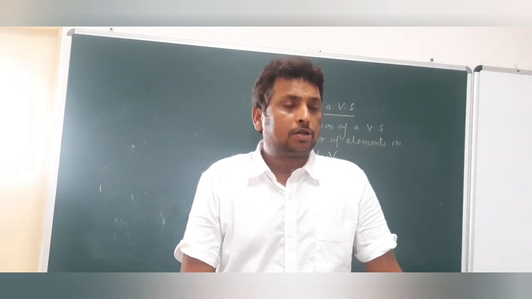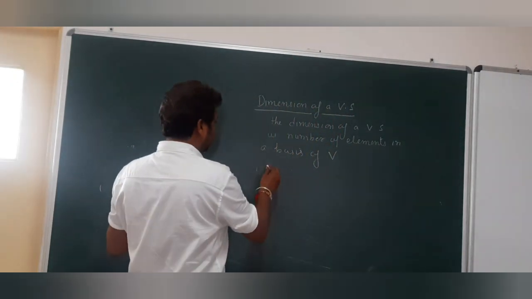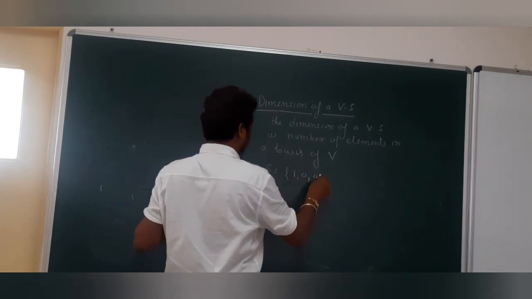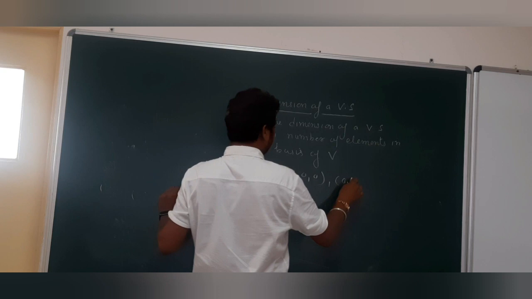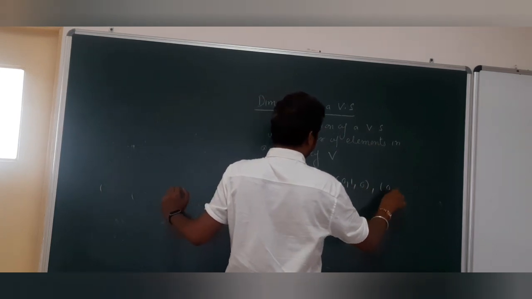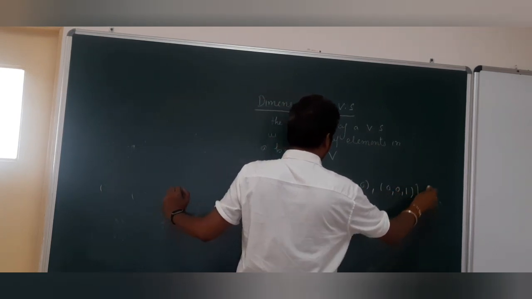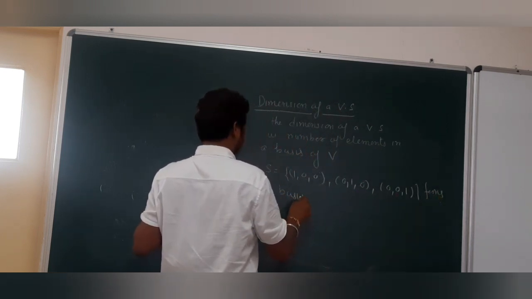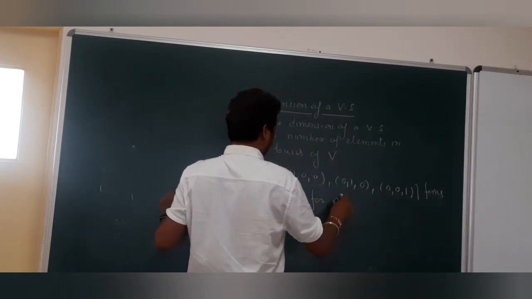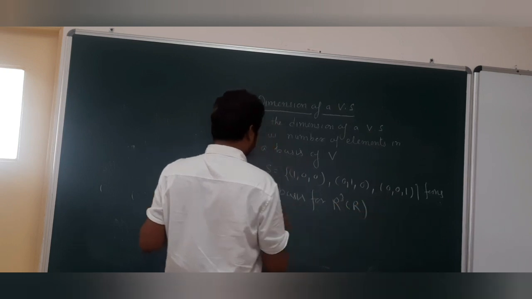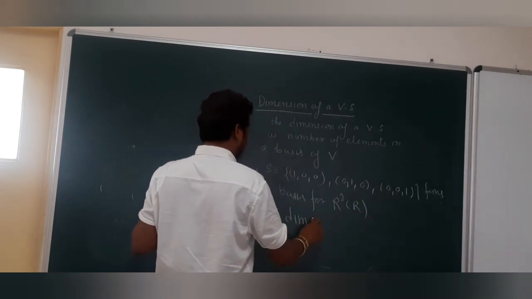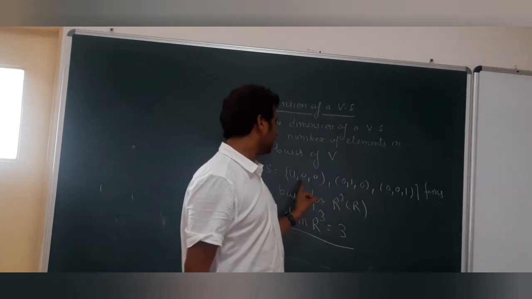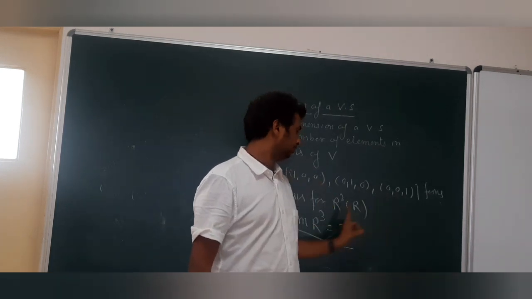So just we check now. S = (1, 0, 0), (0, 1, 0), (0, 0, 1) forms a basis for R^3 over R. This implies what is the dimension of R^3? 3. Because how many elements are in the basis? 1, 2, 3.